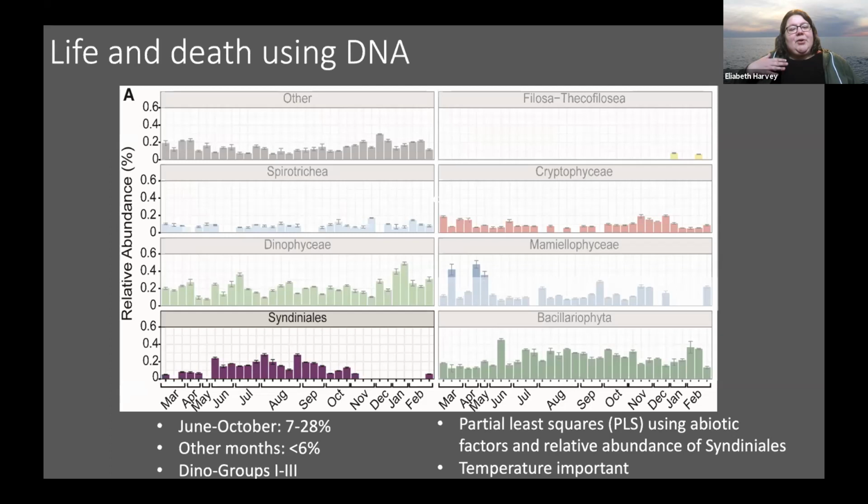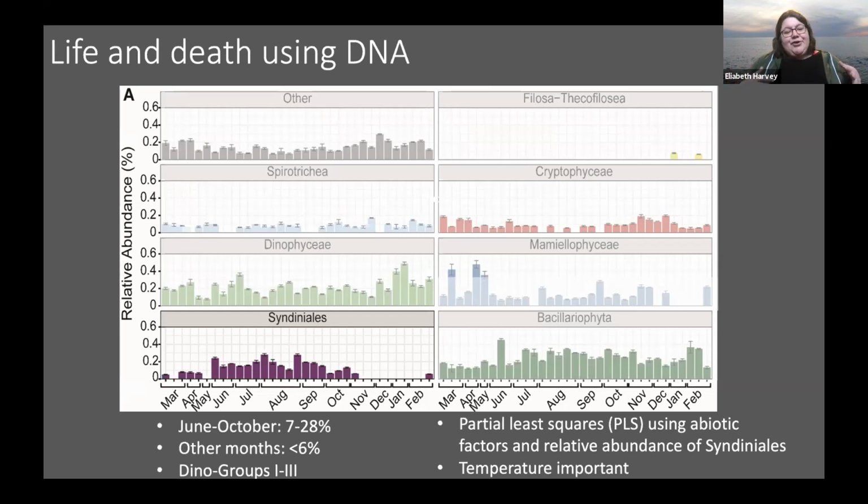And so we followed this rabbit hole down and constructed an entire paper looking at the impact or the interaction between Syndineales and other groups in our ecosystem, so that we're able to try to understand what are the impacts of these parasites on phytoplankton success and phytoplankton abundance and distribution.